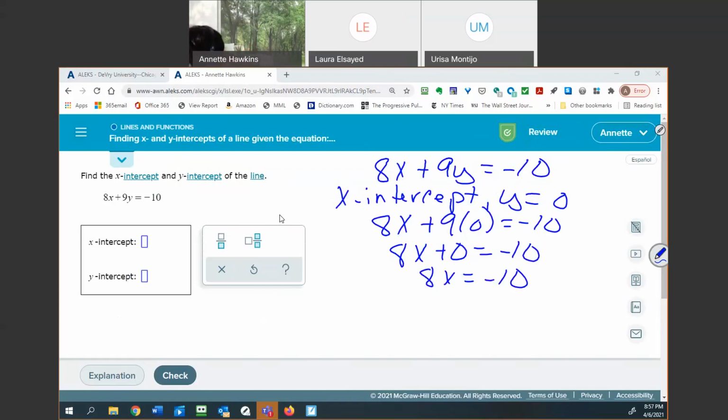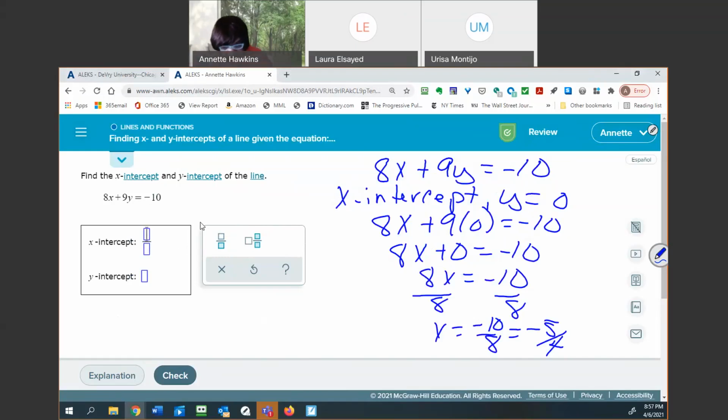We have to divide by 8. X equals negative 10/8, which is negative 5/4. So you would click this, and then you would say negative 5 and then you would put 4 here.